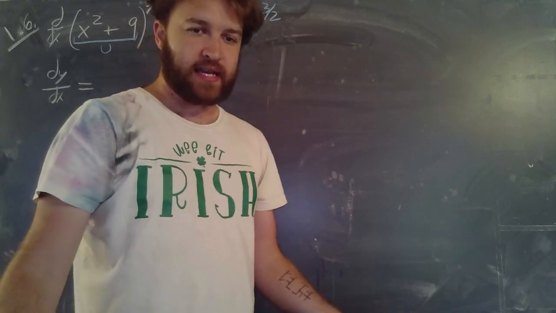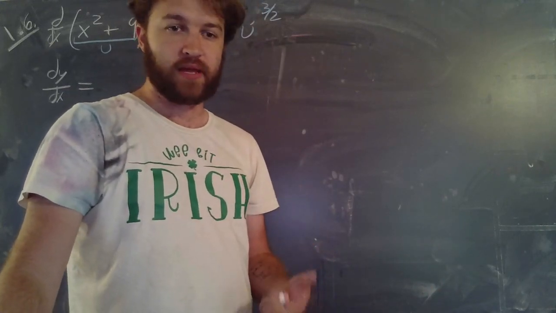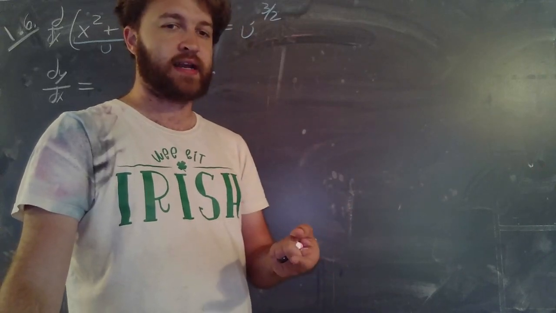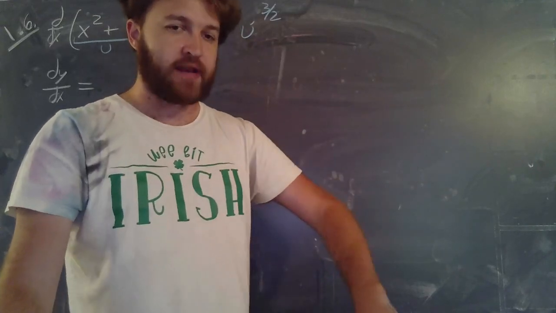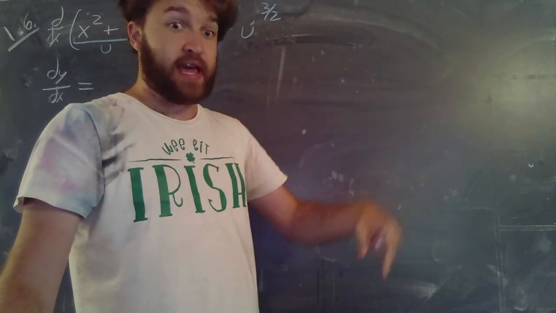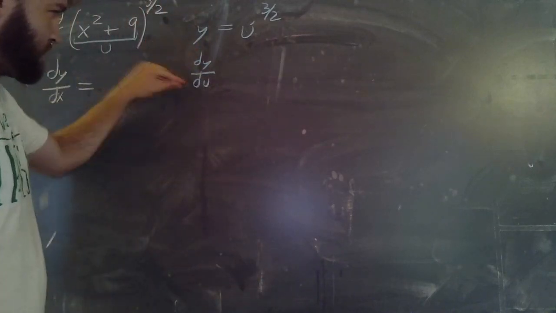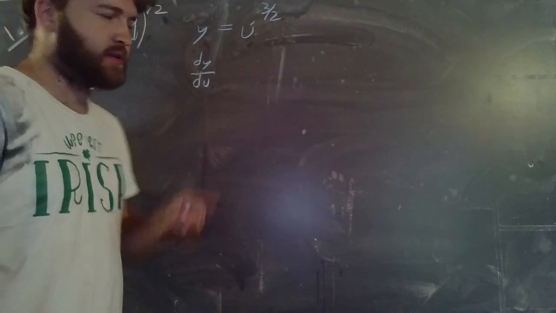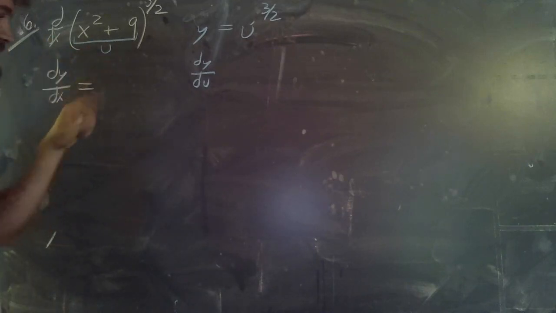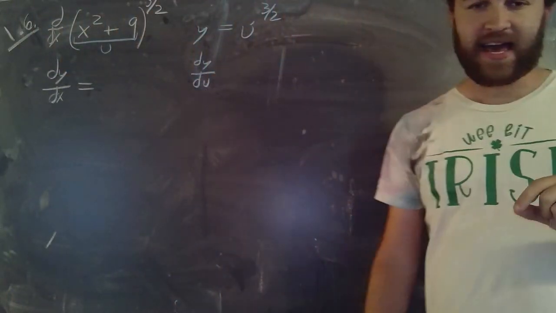That makes sense because of the cancellation that happens on the right-hand side, and the dy gets divided by whatever the d anything on the right-hand side is. So this is going to be dy over du. But notice that dy over du is not the goal in our problem. It is not dy over dx, so we're going to have to do something to fix that in a minute.